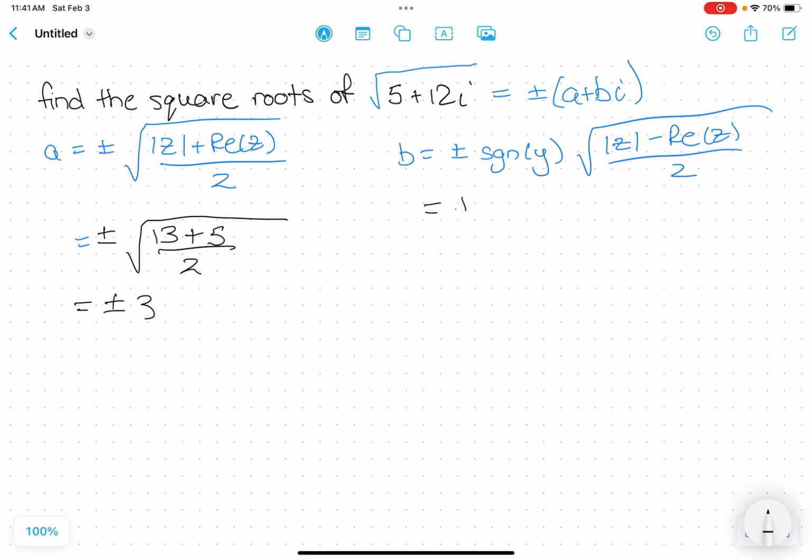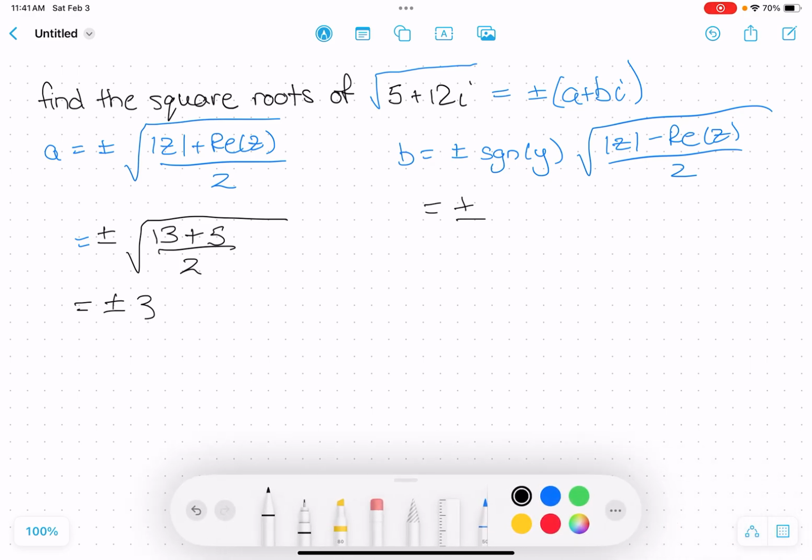If we look at b, we'll have plus minus. Now the sign of y is just, and I'll show you why we need it as well, we're thinking of this as x plus yi here. So it's this sign here. The sign of our y is positive in this one.